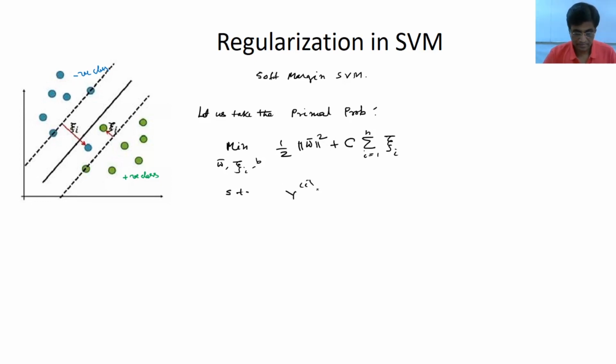If there are outliers, then with a constant C we are penalizing, and then subject to the constraint y i times w transpose x i plus b greater than or equal to 1 minus zeta i. So we have kept the rest as it is.